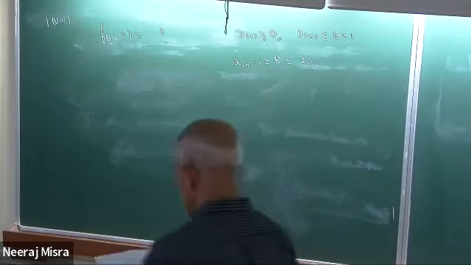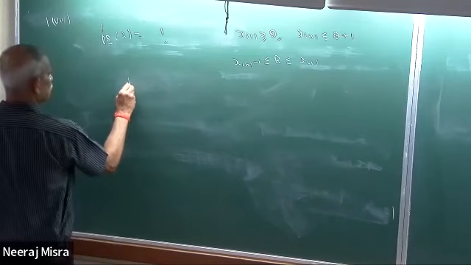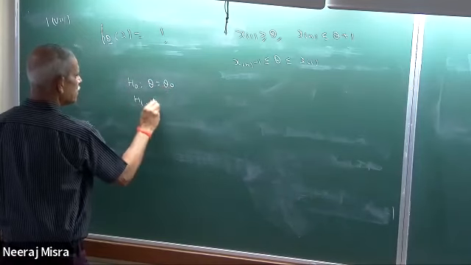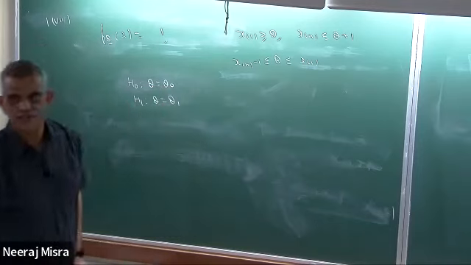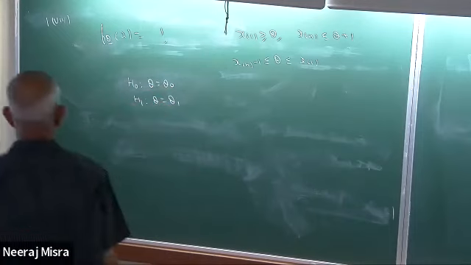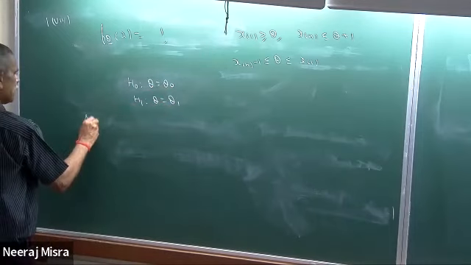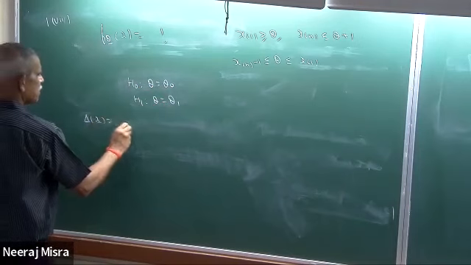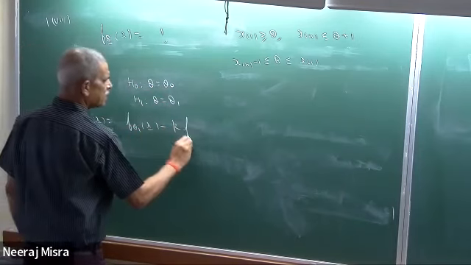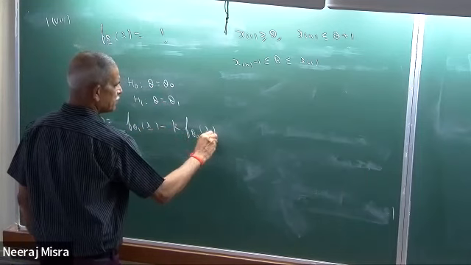So I have to consider H naught: theta is equal to theta 0, versus theta is equal to theta 1. Let us consider delta x, k times, let us say, f theta naught x.